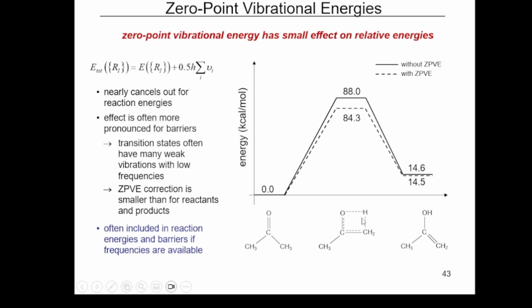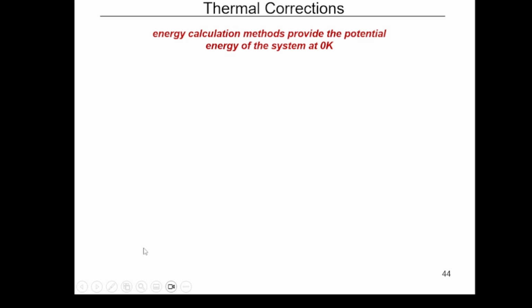In those cases, like these bonds here, the bond being formed here and the bond being broken here are weak bonds and have low vibrational frequencies, and therefore vibrational correction has more impact on this structure as compared to these two. ZPVE correction is smaller for reactants and products, and is often included in reaction energies and barriers if frequencies are available.